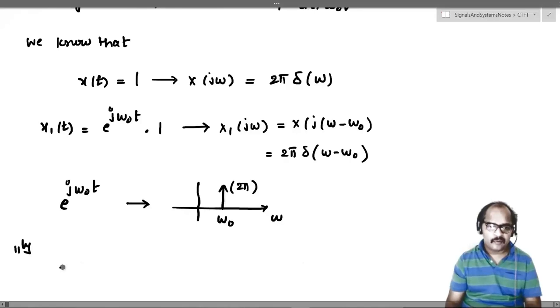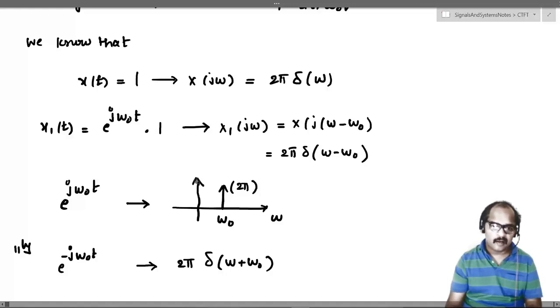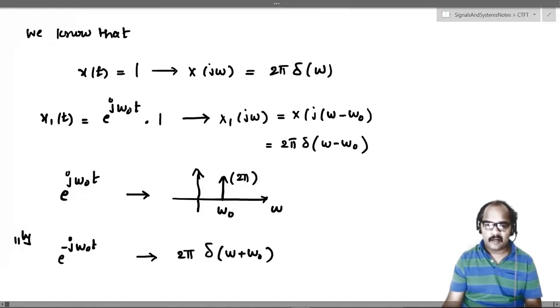what can you say about e power minus j omega naught t? Proving in a similar fashion, you get e power minus j omega naught t to have as Fourier transform 2 pi times delta of omega plus omega naught.